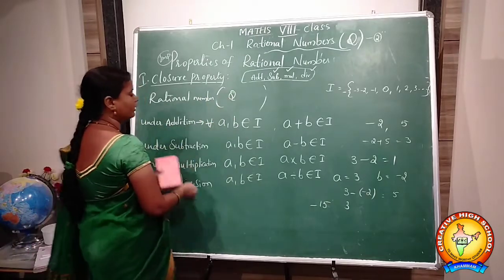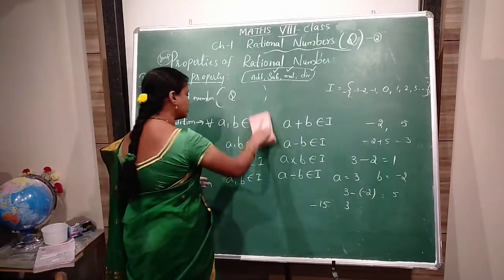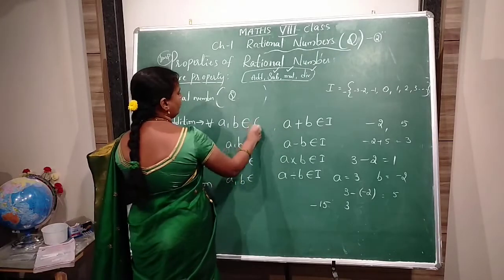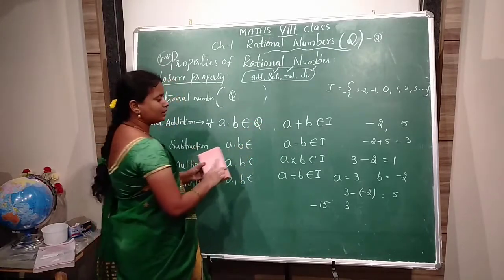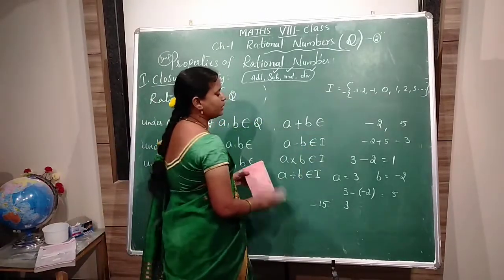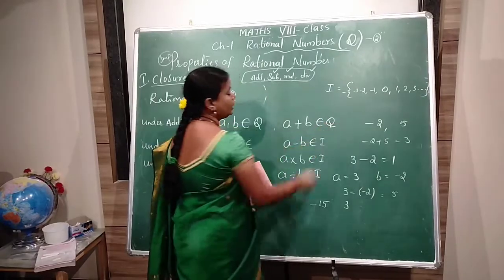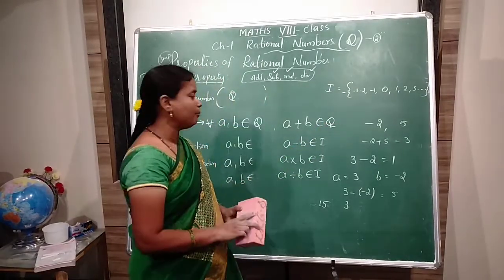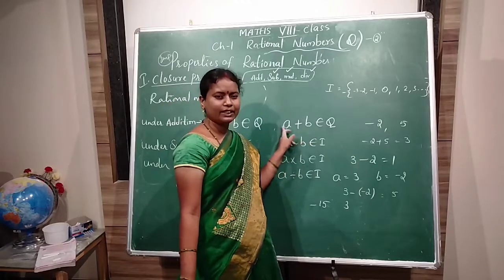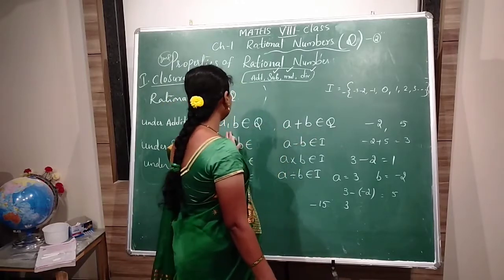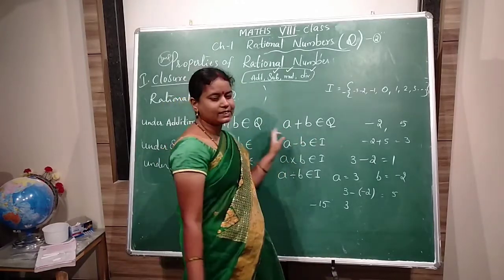Under addition, if A and B belong to the set of rational numbers, does A plus B also belong to the set of rational numbers? Take different examples and see whether this statement is satisfied or not.